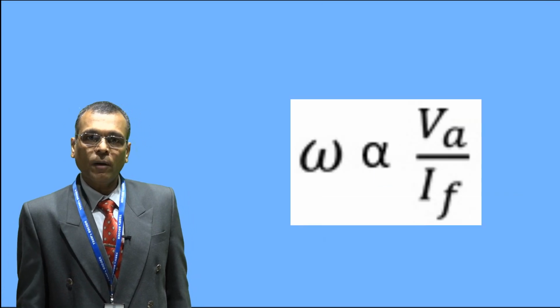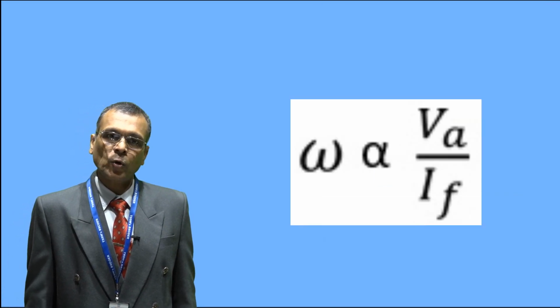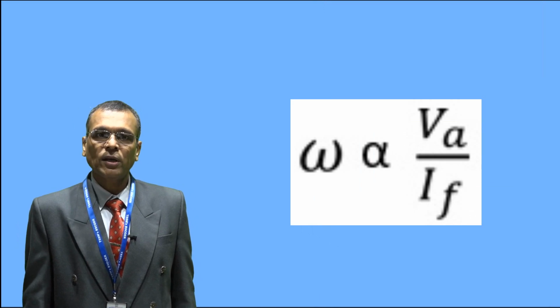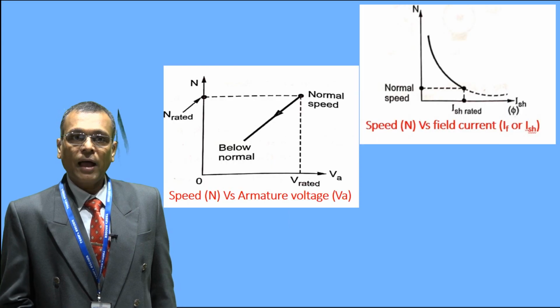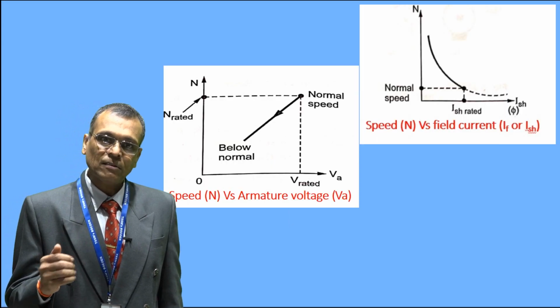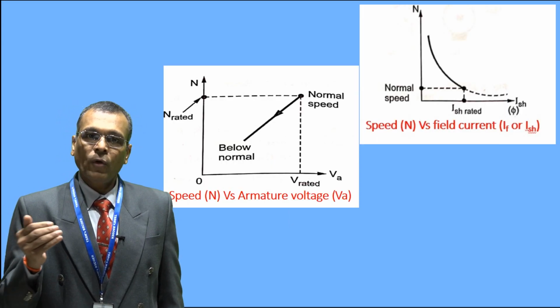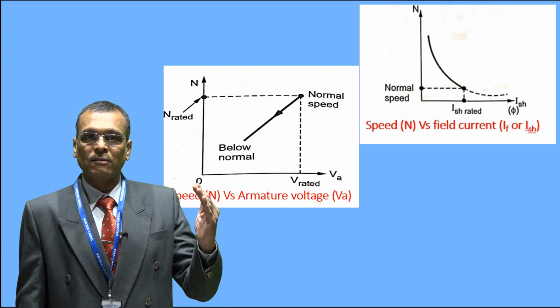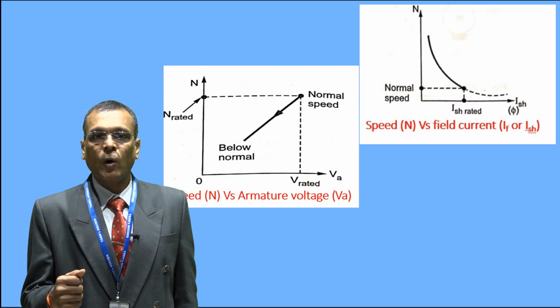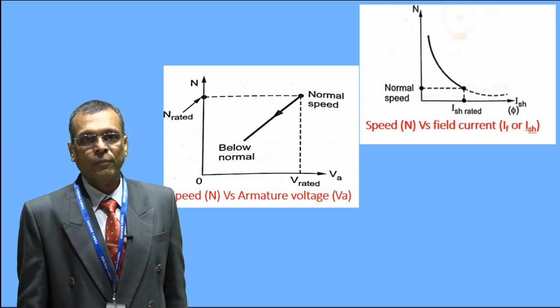Therefore, speed of DC motor is directly proportional to armature voltage and inversely proportional to field current. That is, as armature voltage increases, speed increases, whereas as the field current decreases, speed increases. Therefore, it is also called the field weakening method.